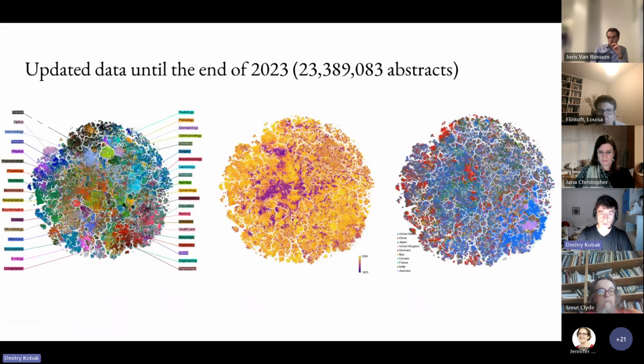I'd like to close here with this open question. I will just mention that Rita just finished reprocessing the entire data set because, as I said, that was the data until 2021. Now we have data until the end of 2023, so we get 2 million abstracts more. We did the same thing again from scratch. So the embedding looks a bit different, but overall, it's the same picture.